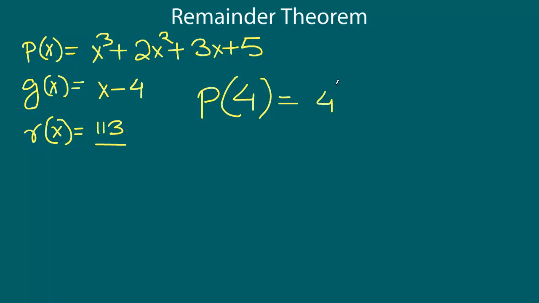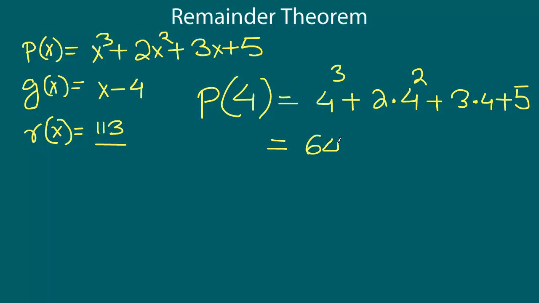So we have 4 cubed plus 2 times 4 squared, plus 3 times 4, plus 5. Right? So this should be 4 times 4, 16 times 4, 64. This is 64. 4 times 4, 16 times 2 is 32. Plus this will be 12. And this will be 5.